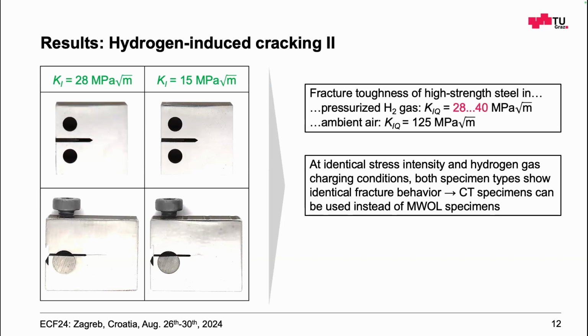And especially for this steel, what we saw is that the fracture toughness decreased from 125 megapascal square root meter to somewhere between 28 and 40 megapascal square root meter. So this means you have a decrease of 2/3 or 3/4, depending. So a strong reduction of the fracture toughness.